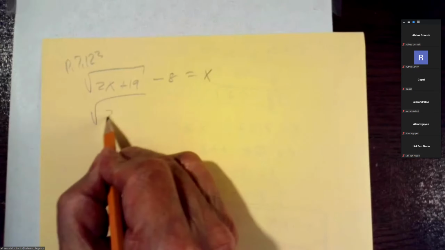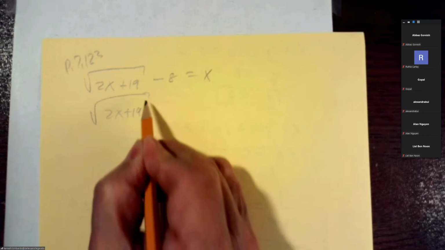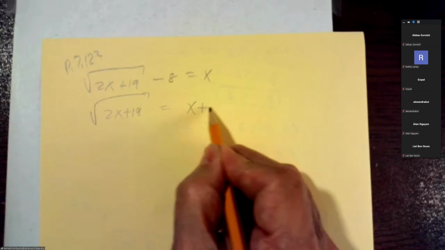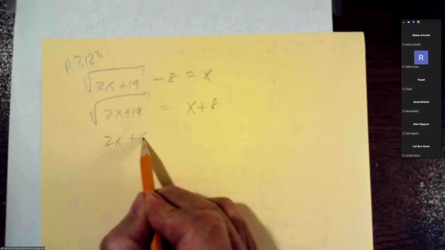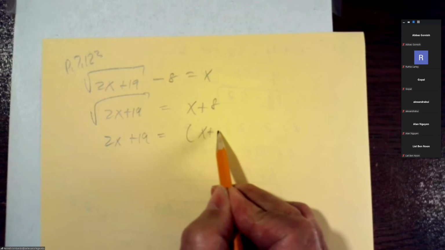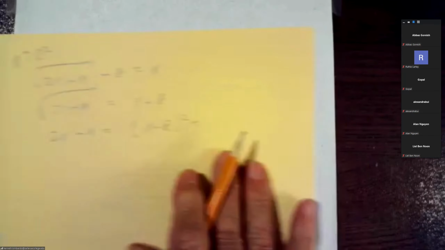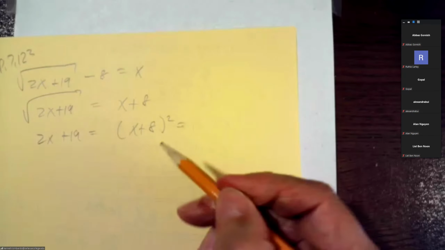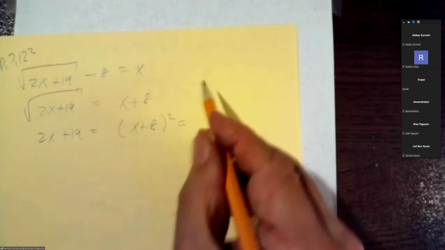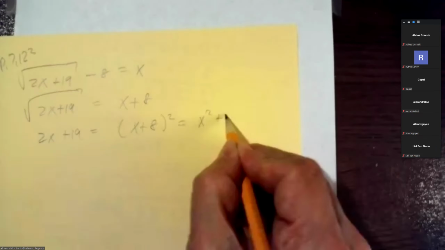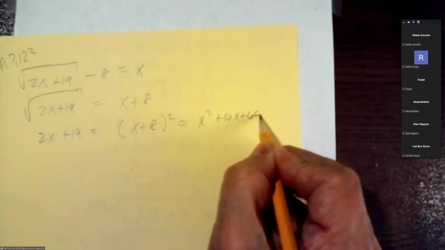So if you've got the square root of 2x plus 19 equals x plus 8, square each side, and you get 2x plus 19 equals x plus 8 squared, which is going to be what? Go ahead and work that out. I think it will be x squared plus 16x plus 64.